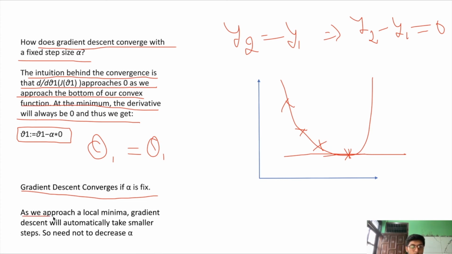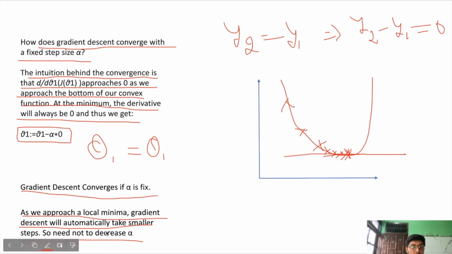As we approach a local minima, gradient descent will automatically take smaller steps, so we do not need to decrease alpha. That means that the closer we approach the local minima or global minima, gradient descent will automatically take smaller steps, like this, then this, then this, and finally converge, and our derivative will be 0.